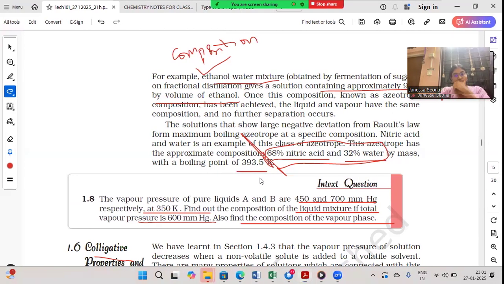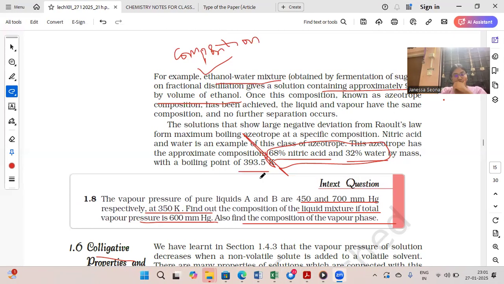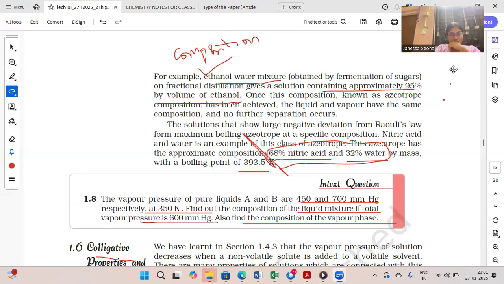So these are the systems that have the same composition in the liquid and vapor phase, and they boil with constant boiling point, and they are constant boiling point liquids. Typical examples of azeotropes include water and ethanol, and nitric acid and water.